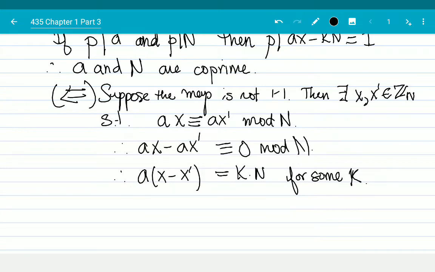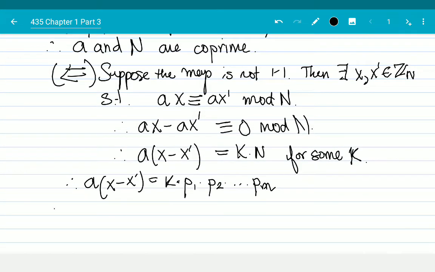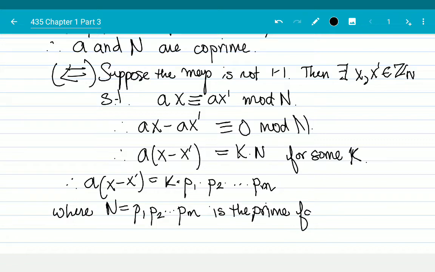Great. Well, let us expand out. Therefore, a times (x minus x prime) is equal to k times p1 times p2 times dot dot dot pm, where n is equal to p1 p2 dot dot dot pm is the prime factorization, right?